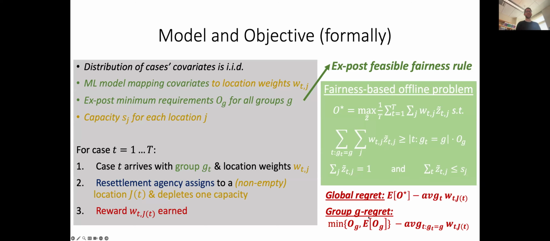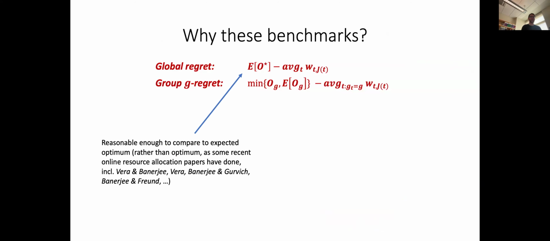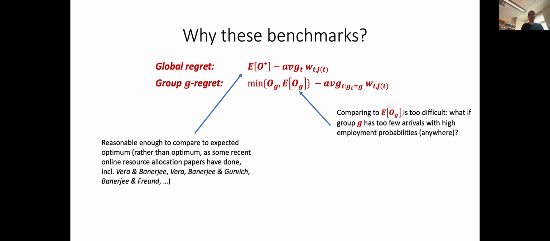Now you might ask, why do we take this minimum if it's ex post? Well, if we just look at the expectation, that is sort of a fair comparison. There are some recent works that look at the true optimum rather than the expected optimum. The expected optimum is an upper bound on the true optimum, so that one is reasonable.